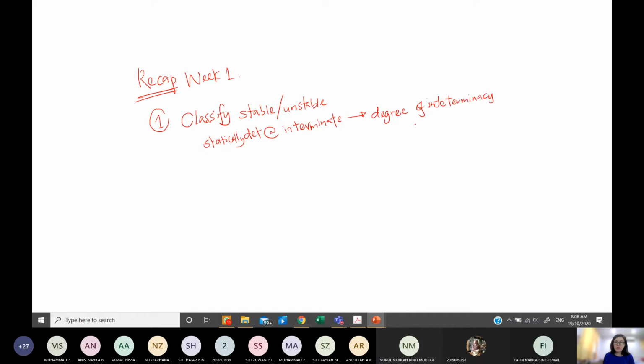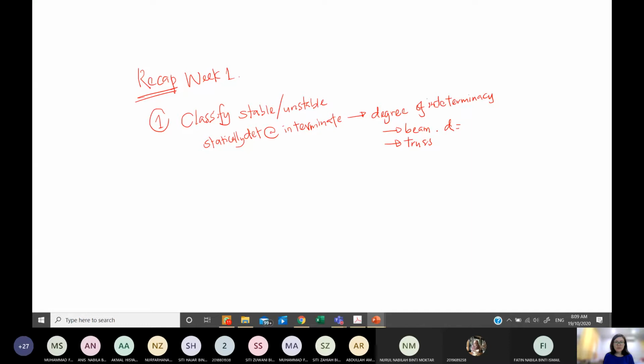Okay, we have two equations here. Can anyone help me with the equation for the beam and for the truss? What is the equation that we use for the beam?